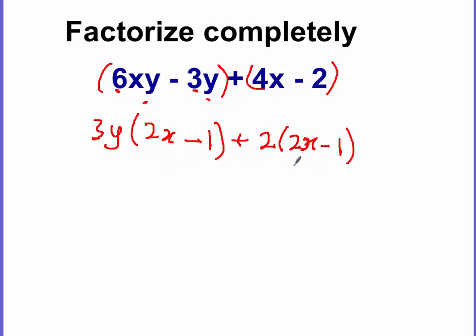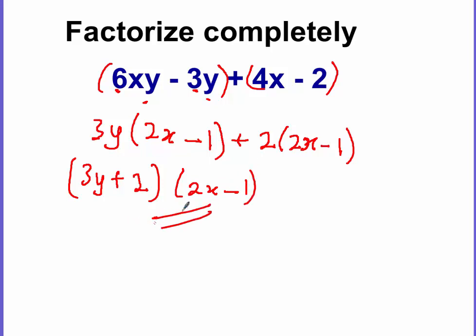So let's check the values in the bracket. They are the same. Good. If it's so, then let's put those outside the bracket into one bracket, which is 3y plus 2, then 2s minus 1.